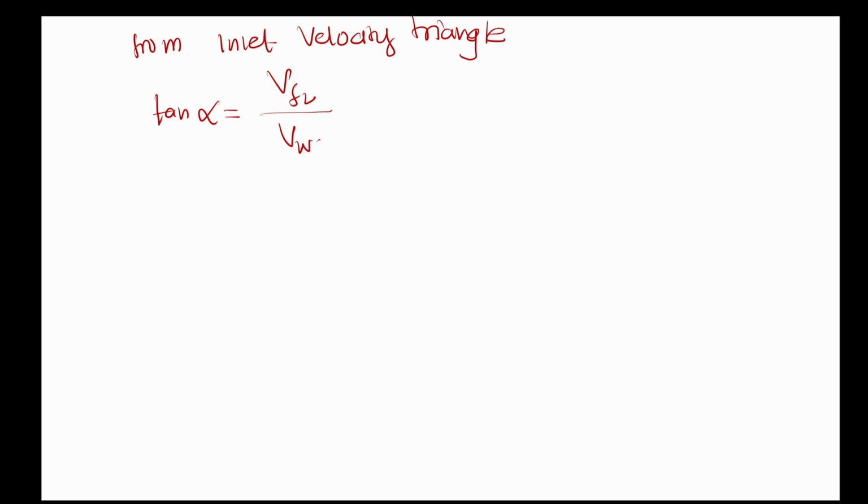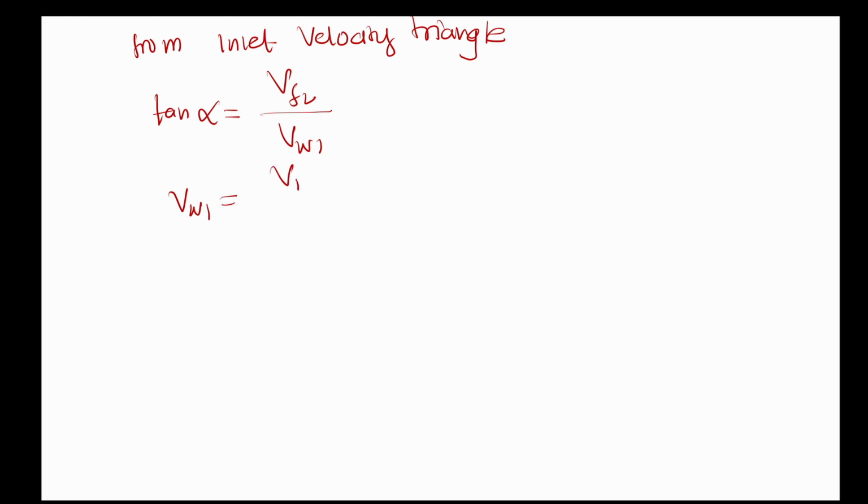After getting this, let's move to the next one, that is the inlet velocity triangle. We know that tan alpha will be Vf2 divided by Vw1, right? So the only unknown value is Vw1.